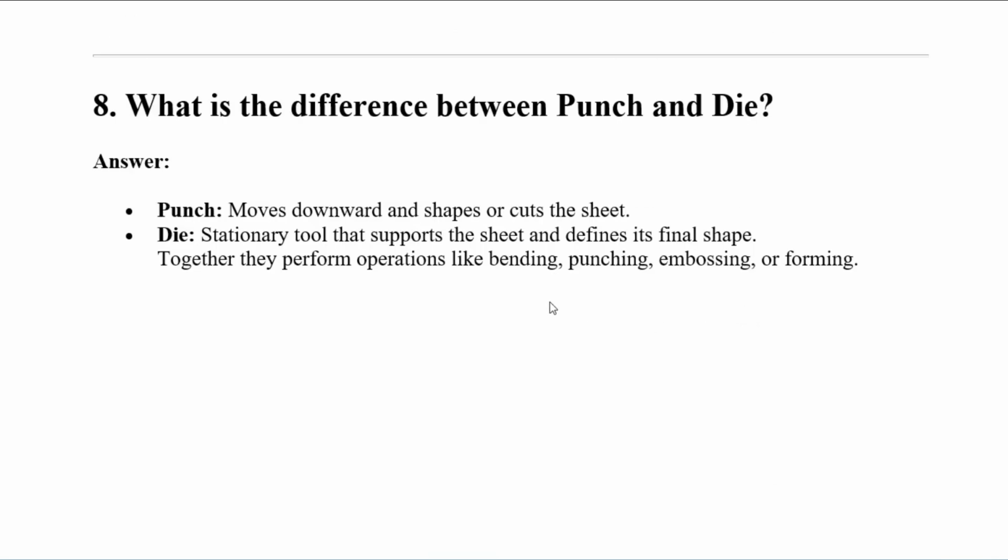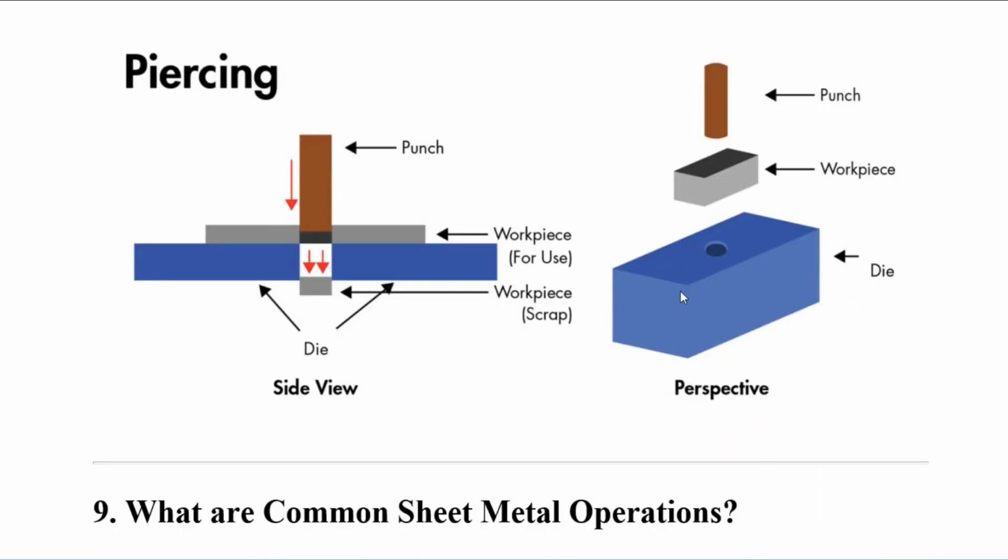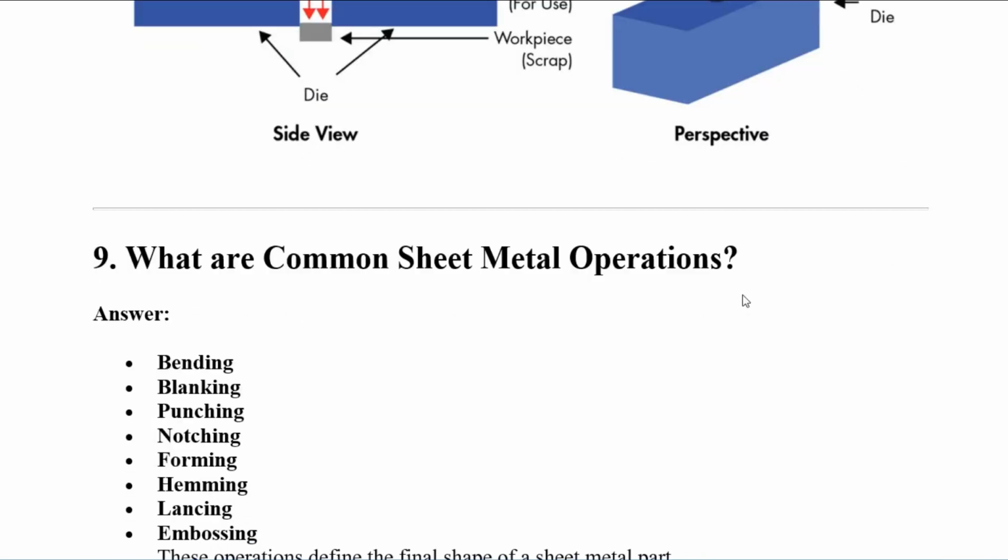The punch moves downward and shapes or cuts the sheet. The die is a stationary tool that supports the sheet and defines the final shape. Together they perform operations like bending, punching, embossing or forming. So from the die we get the final shape.